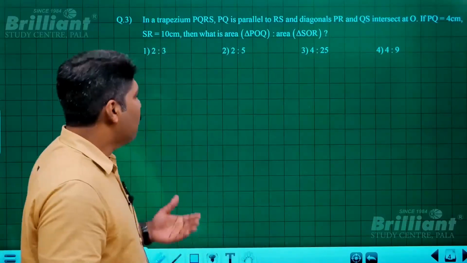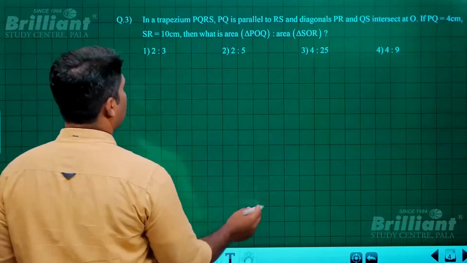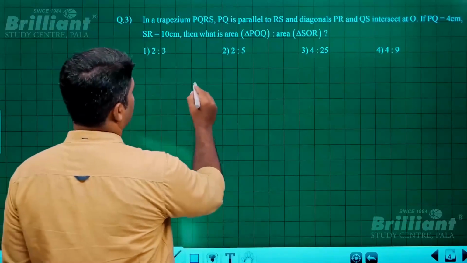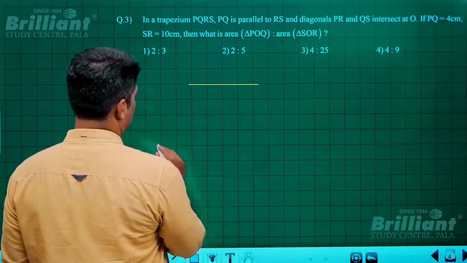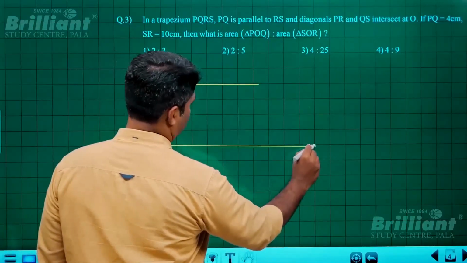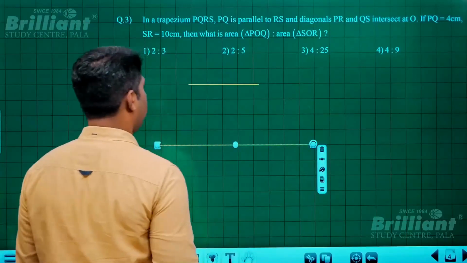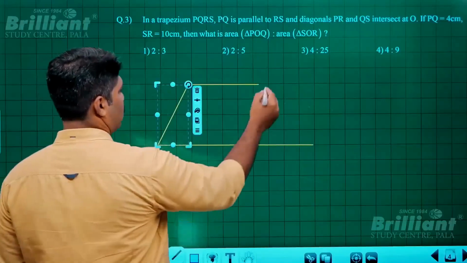First of all, we can draw a diagram. Here we just consider a trapezium. So this is a trapezium. Right? So just join these 2 points.